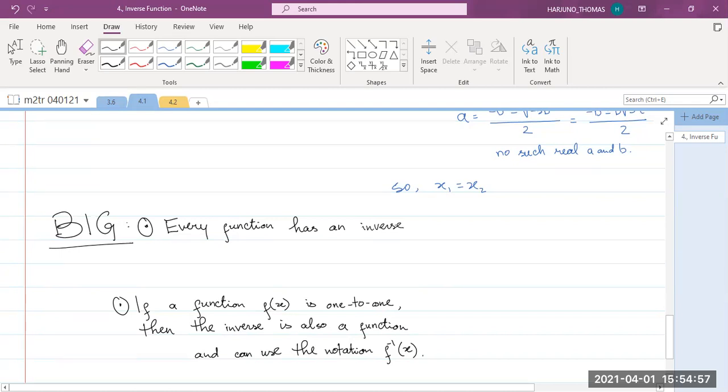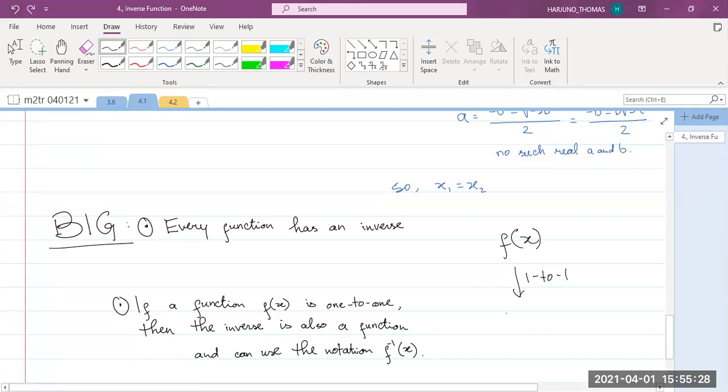Our textbook, just like a lot of pre-calculus textbooks, if not all, always talks about the inverse function under the context of a one-to-one function. As if we are saying that the function has to be one-to-one, and then you can talk about the inverse.